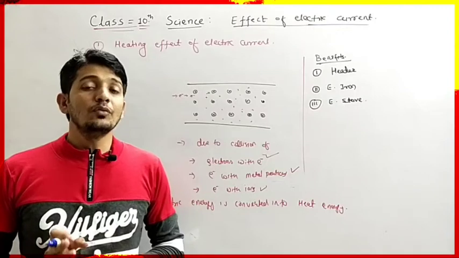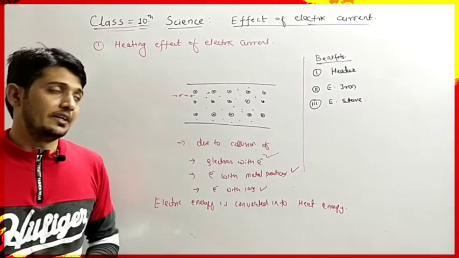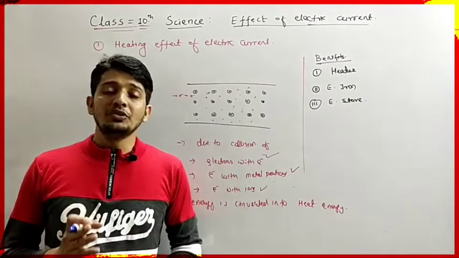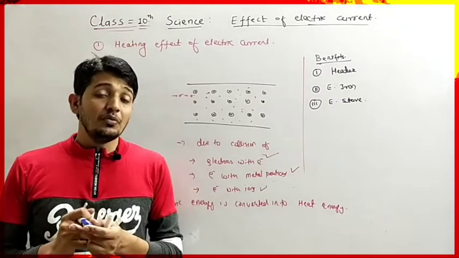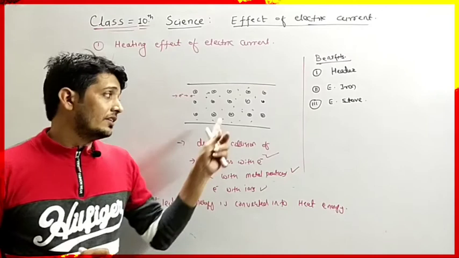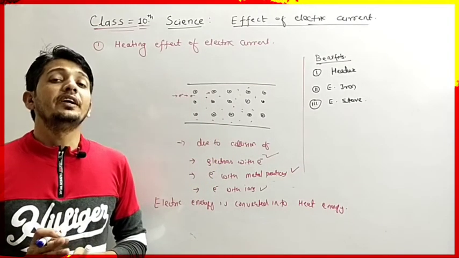So it is again one of the benefits of the heating effect of electric current. There are many devices we use in our day-to-day life which are nothing but applications of the heating effect of electric current, and this is the mechanism of how electric energy is converted into heat energy.